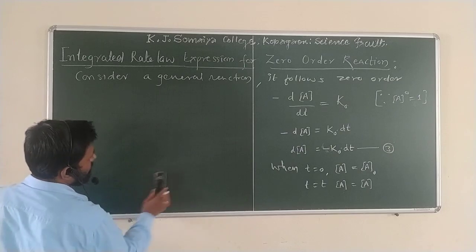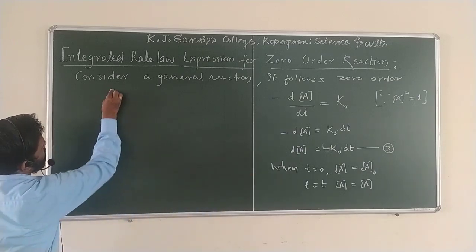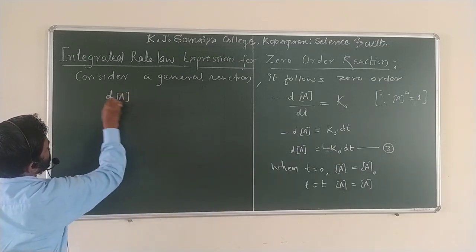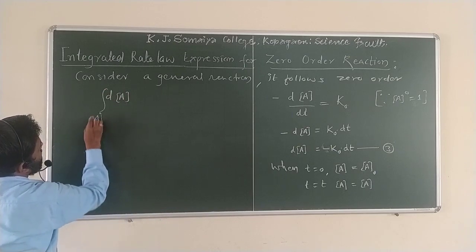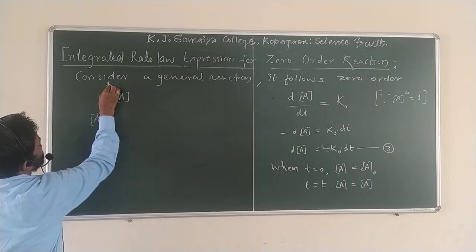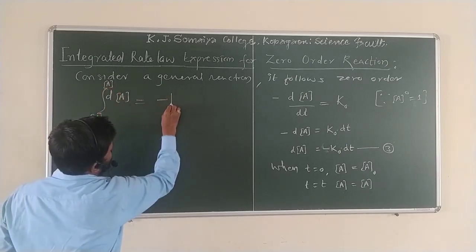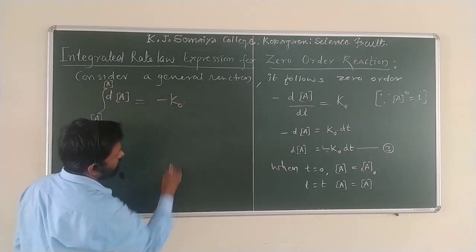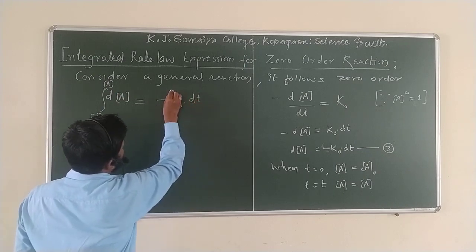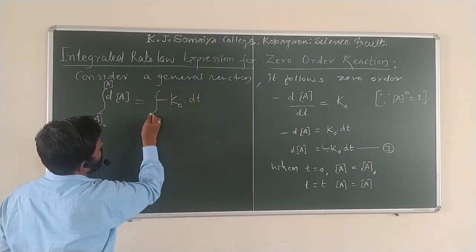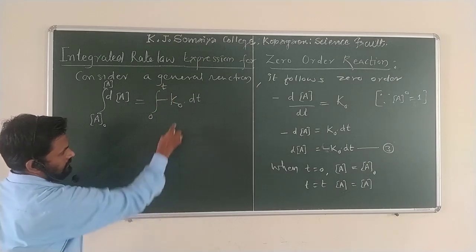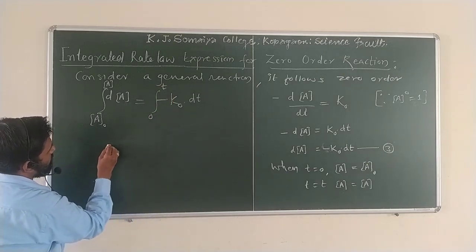So we are now going to integrate equation number 3 within the limits. The integral of dA from A0 to A is equal to minus K0 integral of dt, within the limits of 0 to t. This K0 is the constant value, so keep it outside.